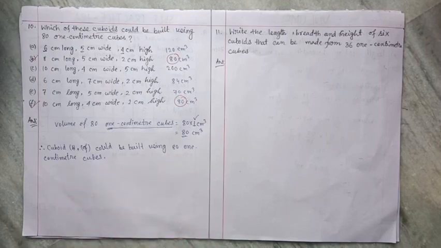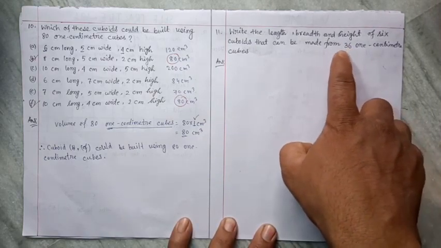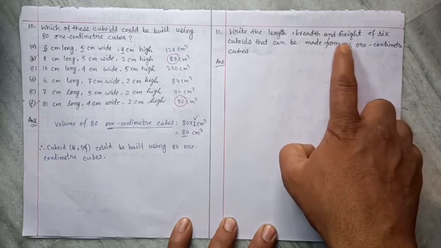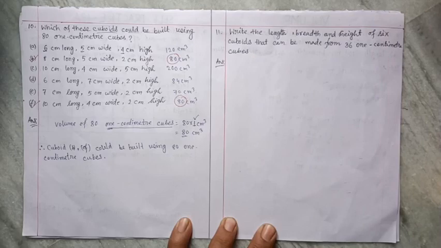Question number 11. Write the length, breadth and height of 6 cuboids that can be made from 36 one centimeter cubes. Just see here, same question. Here you have to make cuboids using 36 one centimeter cubes. So what will be the total volume of the cuboid? 36 one centimeter cubes, and you know one centimeter cube's volume is 1 cm³.